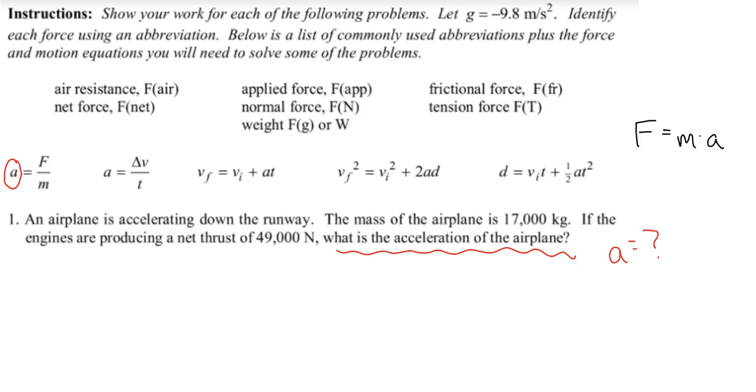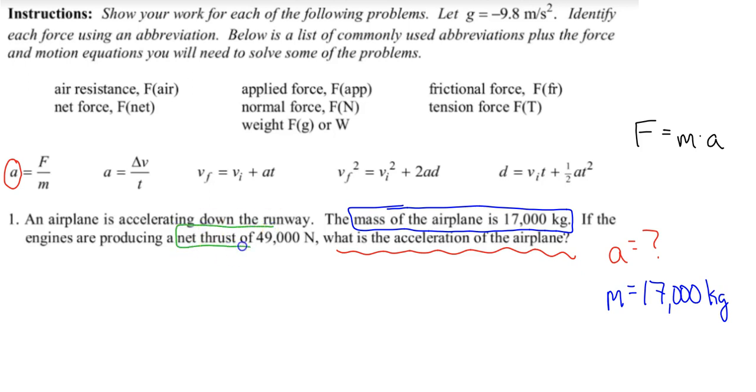And we are given that the mass of the airplane is 17,000 kilograms. So mass is equal to 17,000 kilograms. And the engines are producing a net thrust, so that's our applied force, so a net thrust of 49,000 newtons.